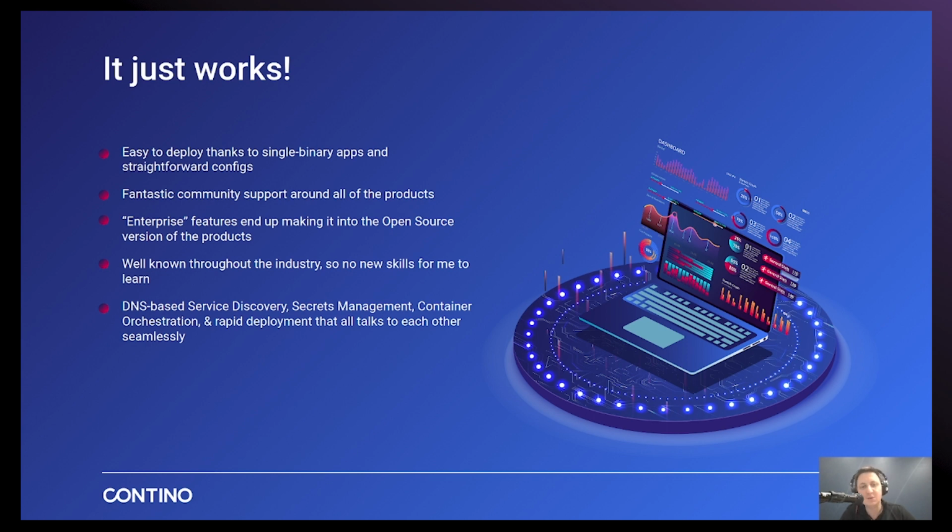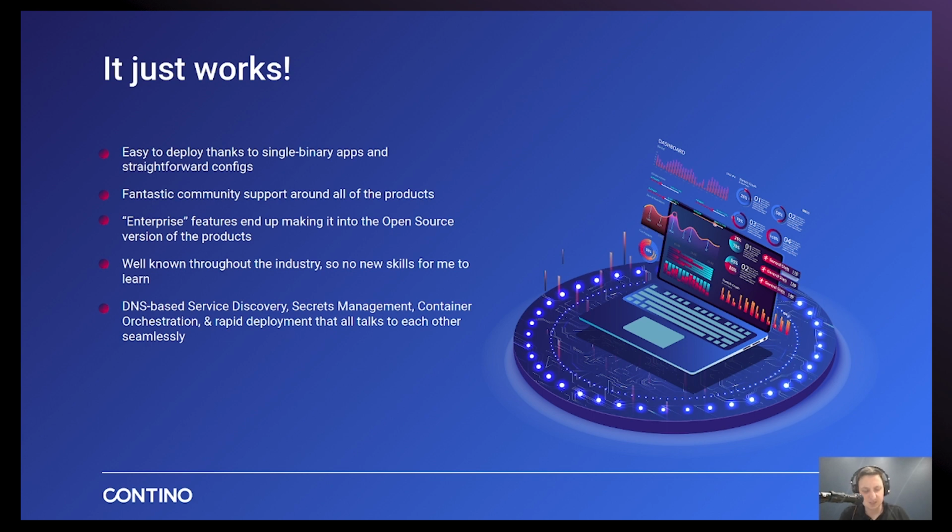And because it's so well known throughout the industry, it means there aren't any new skills for me to learn because I already use these in my day job. And with Consul and Vault and Nomad and Terraform, we've got DNS-based service discovery, secrets management, container orchestration, and rapid deployment, and they all talk to each other seamlessly.